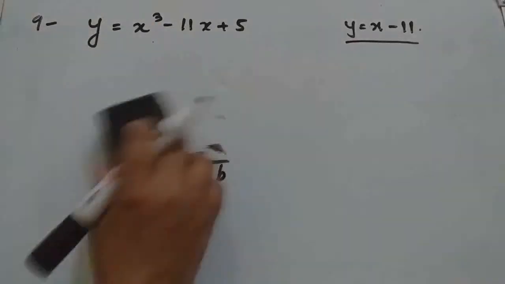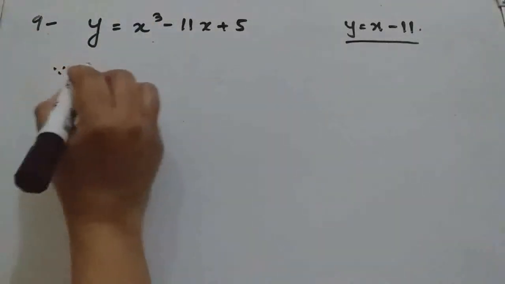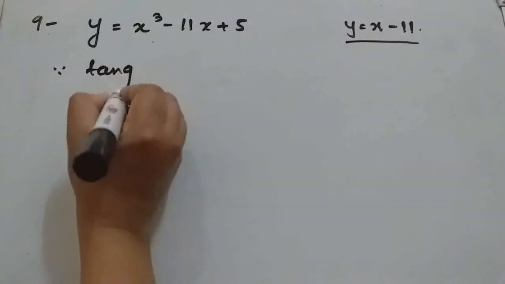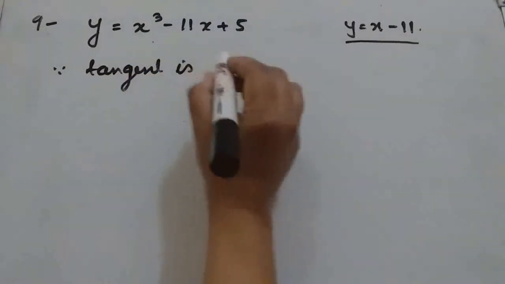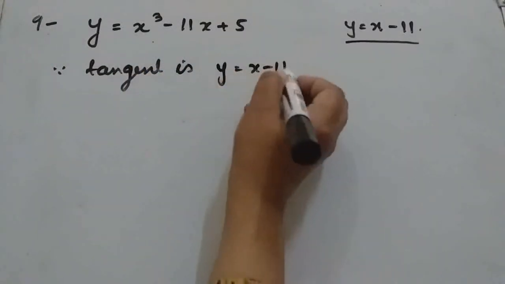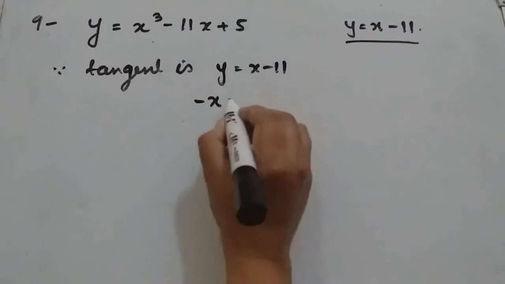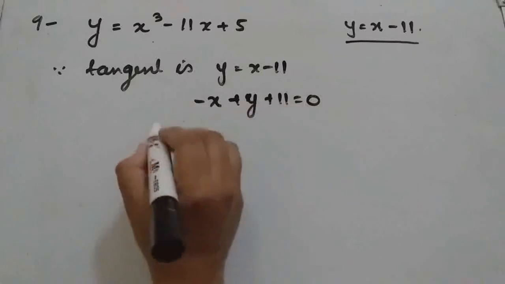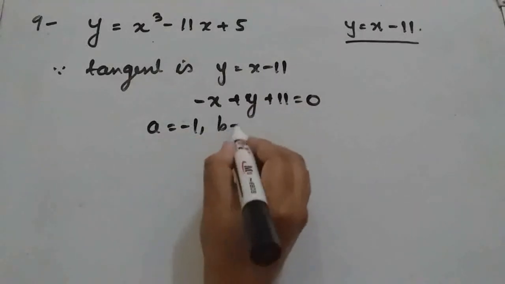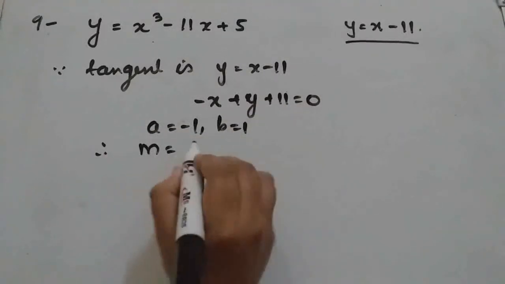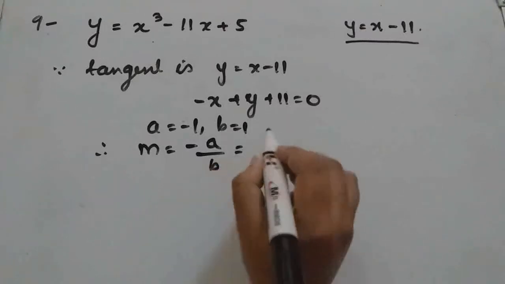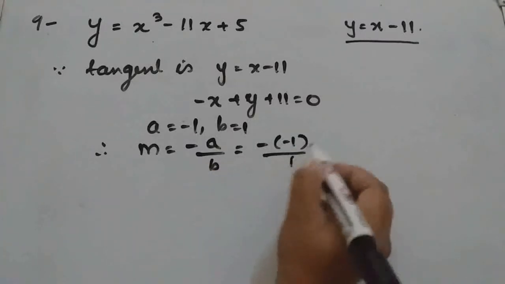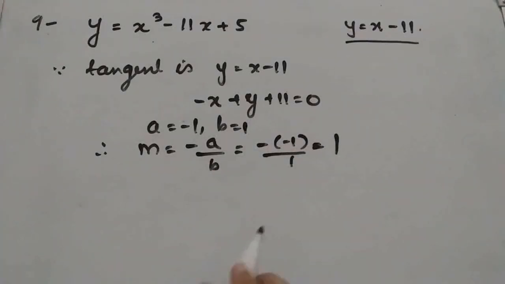So we can write tangent y equal to x minus 11. So what will be the standard form? a is minus 1, b is 1. Therefore, slope will be minus a by b, means minus of minus 1, that is 1.